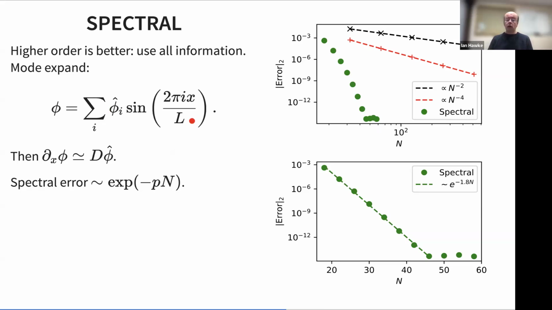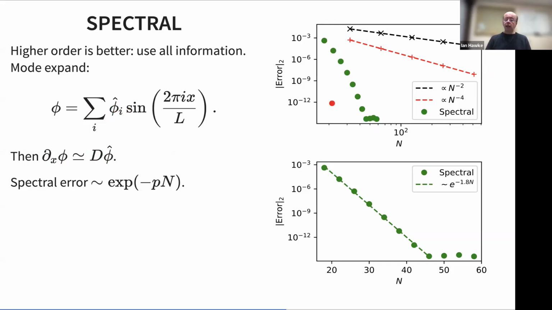The alternative way of thinking about it is to use a function basis expansion. Here I've used a Fourier expansion. And the thing that we're interested in modeling is, in fact, the modal coefficients. Then when we take the derivative of this truncated approximation to the function, what we have is a dense matrix multiplying all of the modal coefficients.